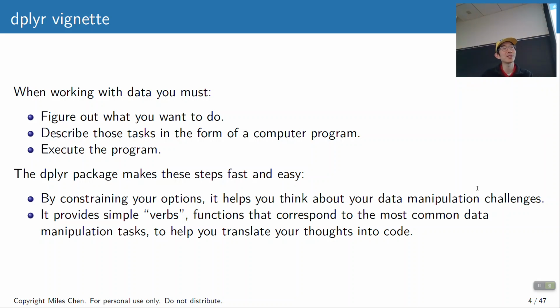When working with data, you have to figure out what you want to do, then put those ideas into a computer language or program, and then you execute the program. Dplyr helps us do this by giving us a set of verbs. It constrains our options, and each verb does one specific job, and you can chain them or pipe them together, and with that you can accomplish almost everything you need to do, especially if you pair it with the tidyr verbs, where you can pivot your data wider or pivot them longer.